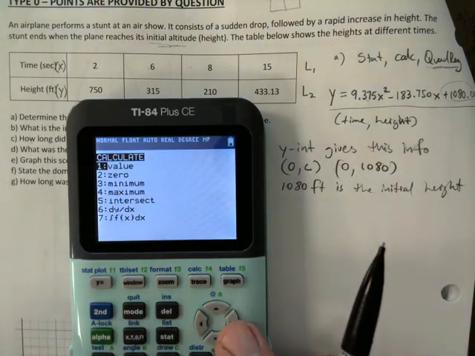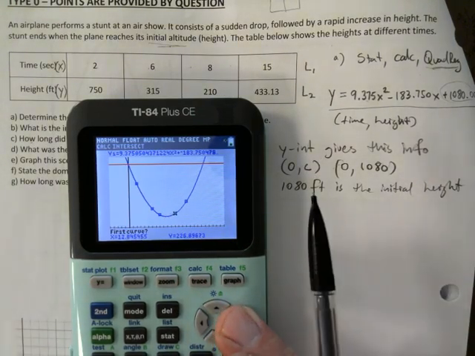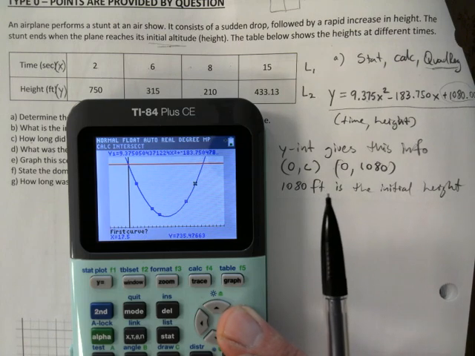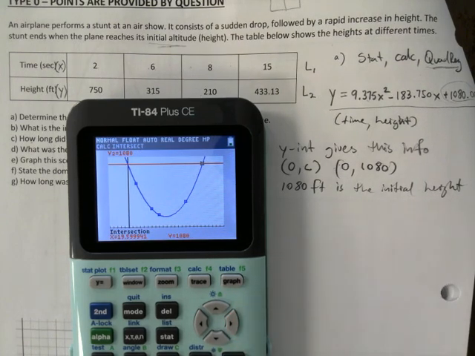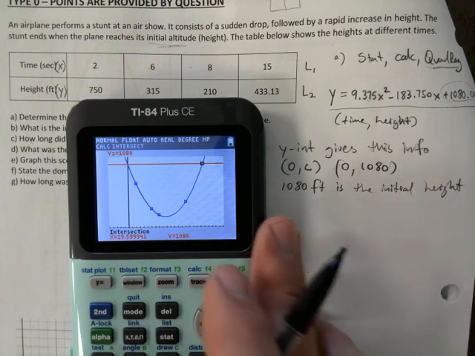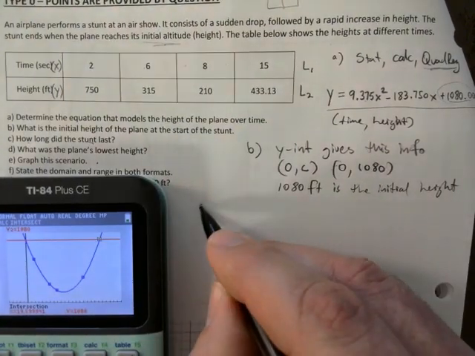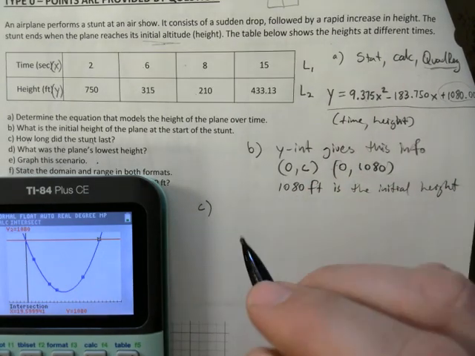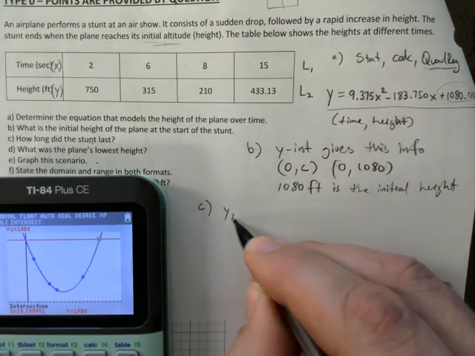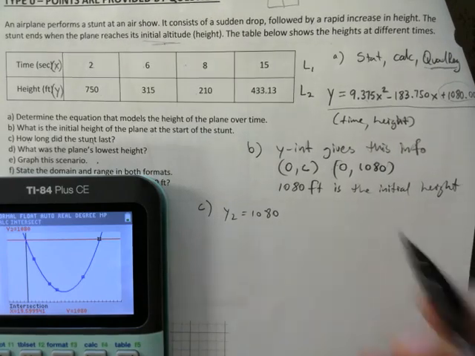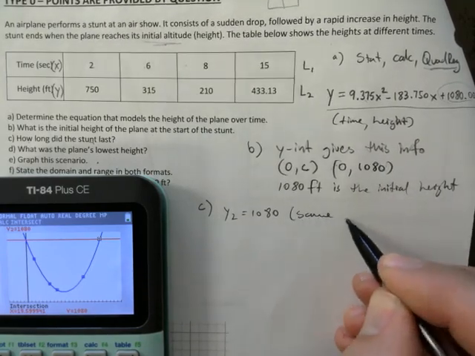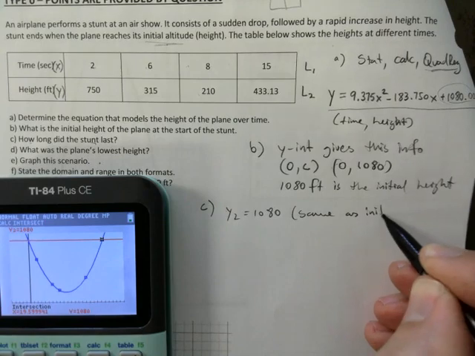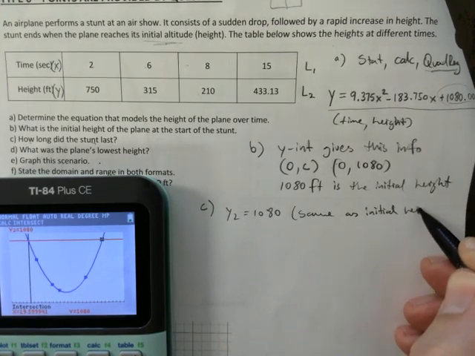Second trace intersect. We're going to go closer to that one. Enter, enter, enter. 19.599, that's 19.60, right? So where is that? I'm going to say C here. Y2 is equal to 1080. This is same as initial height.